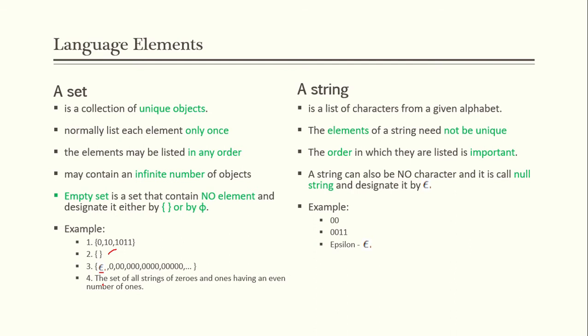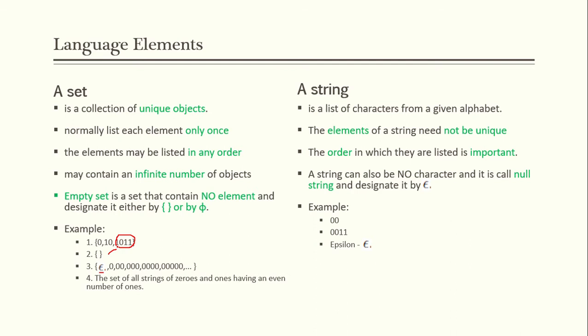What about a string? A string is a list of characters from a given alphabet. So what does it mean? Let's look into the first example from the set here, the third string, 1011. So 1011 is a string, which is a combination of characters.